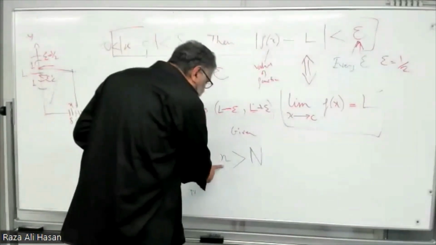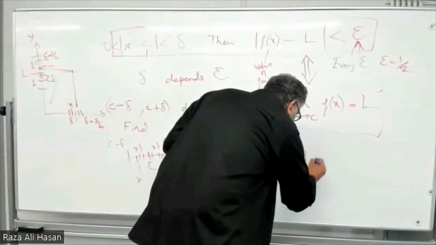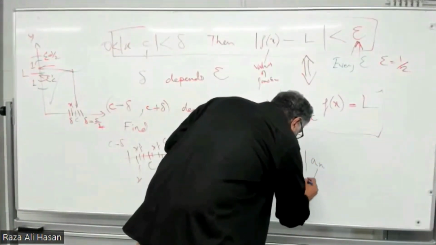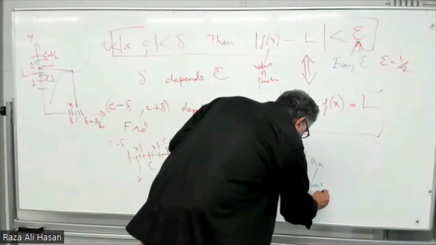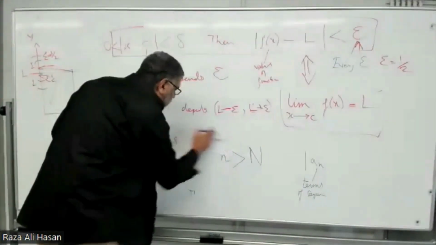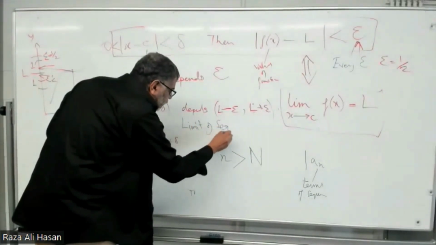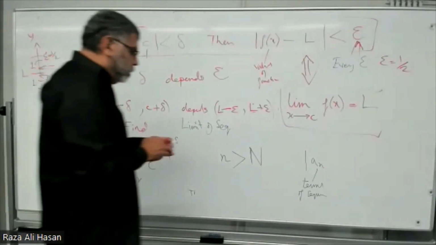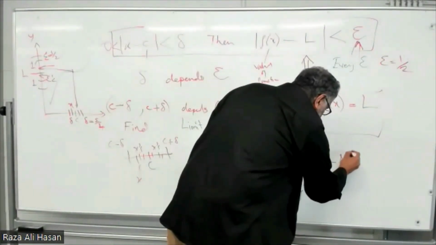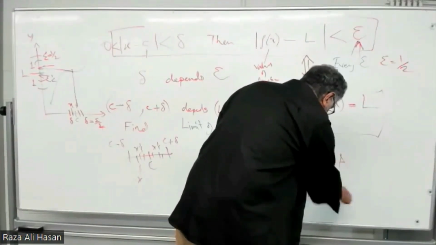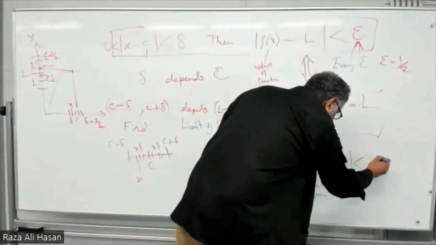So we need to find n large enough so that the terms of the sequence, so now we're thinking about the limit of a sequence, a_n minus A, is less than epsilon.